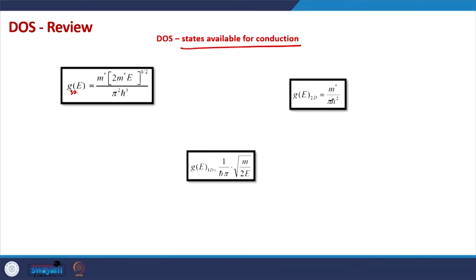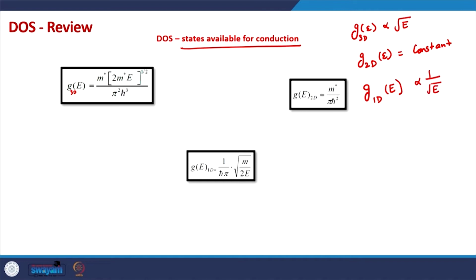For a 3D material, we saw that G3D is directly proportional to square root of E. A 2D density of states is constant. It is independent of the energy of the electrons, given by m star divided by pi h bar square. And 1D density of states is inversely related to the energy, 1 by square root E.